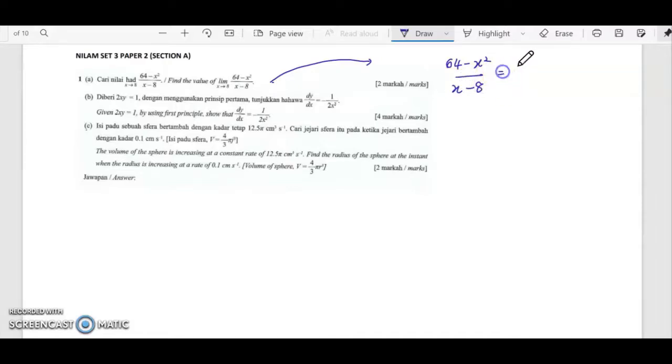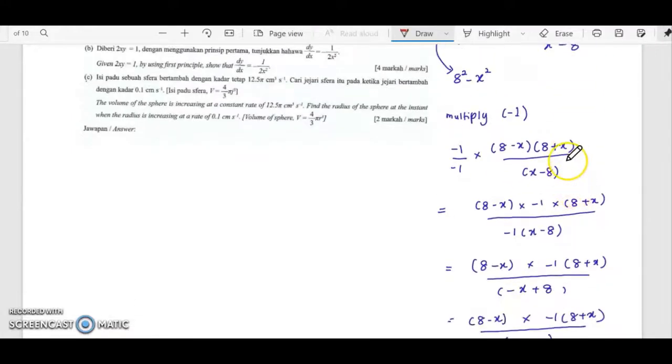So kita simplify this part, kita boleh tukar dia different between two squares. Kita factorizekan balik. 8 minus x, 8 plus x, okay. And then this one is x minus 8.